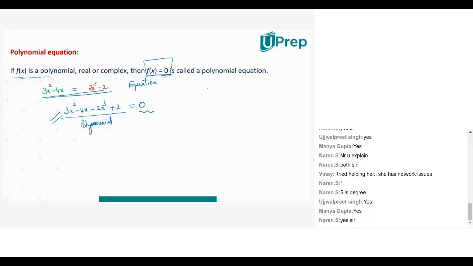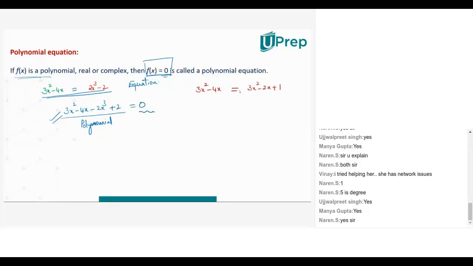Say suppose I gave you a polynomial 3x square minus 4x and another polynomial 3x square minus 2x plus 1. And I asked you a question, equate them. That forms an equation. No doubt it's an equation. My question is, what is the degree of this polynomial equation? Can somebody answer? Naren, Ujjwal.